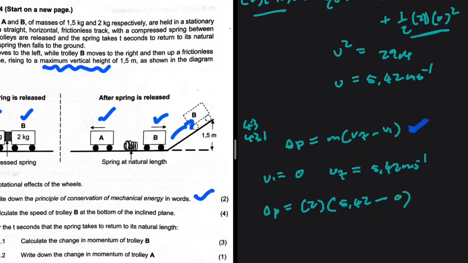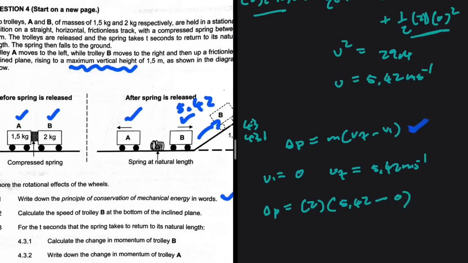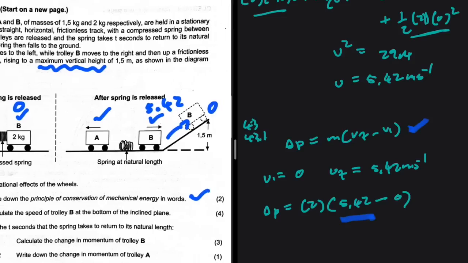Don't confuse them: 5.42 is our Vf when the spring is lengthening, and it is our Vi when we are going up the incline, where Vf is 0 at the top. Most people sort of confuse the two.